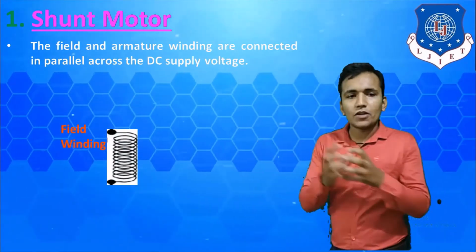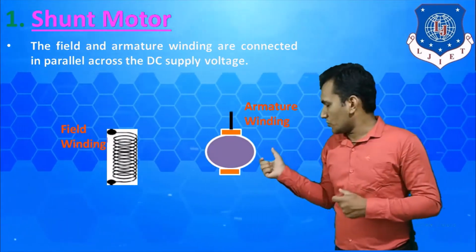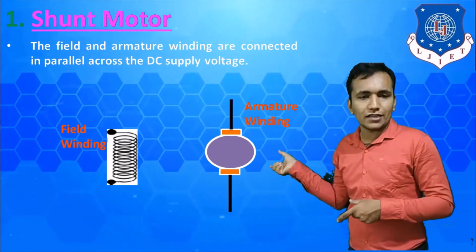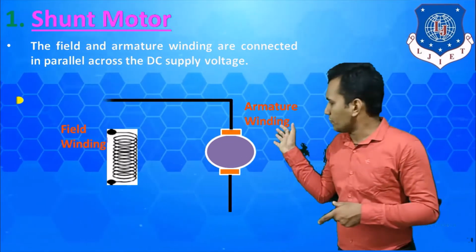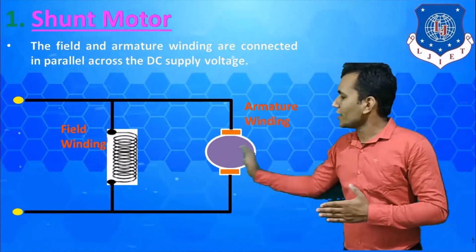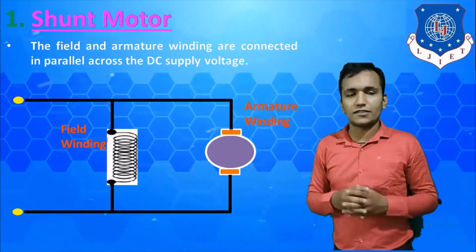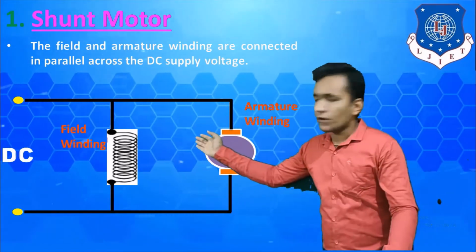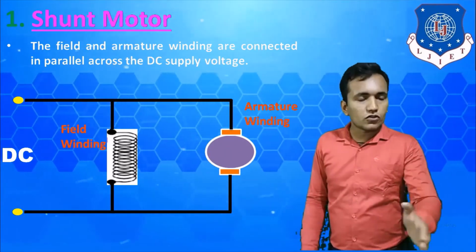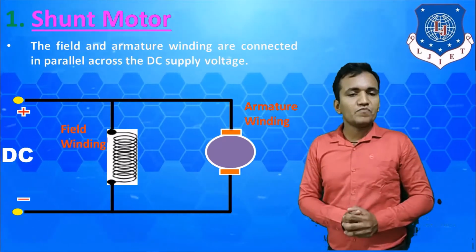In this figure you can see the first is the field winding and the second is the armature winding. Both are connected in parallel across the DC supply, and you can see the plus and minus terminals.